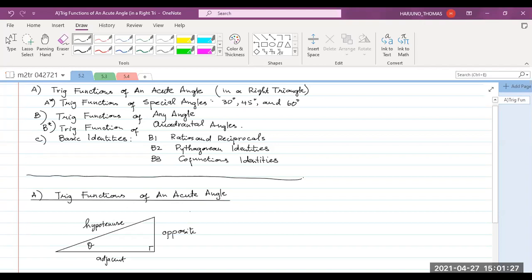Now, the definition is as the following. Sine of theta, denoted by sine theta, is defined as the opposite over the hypotenuse.